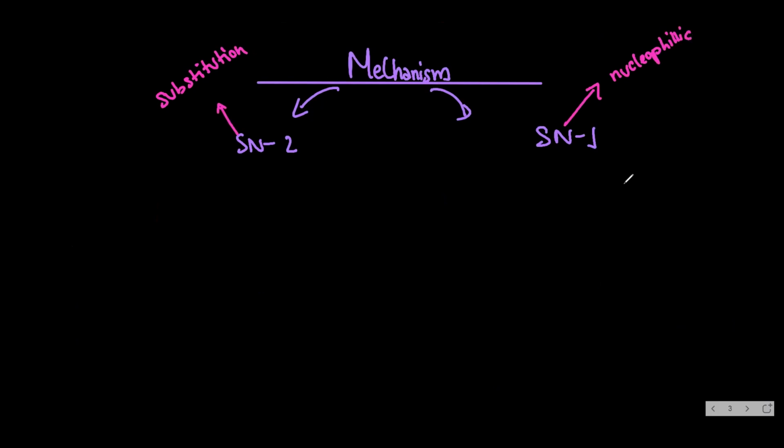Now, why is it called nucleophilic? Here, species called nucleophiles attack the carbon atom. Nucleophiles themselves are negative and they approach a positive zone. And here, 2 represents the reagents involved in the slowest step. When a reaction happens, it happens in multiple steps.